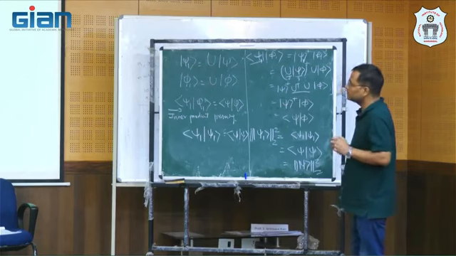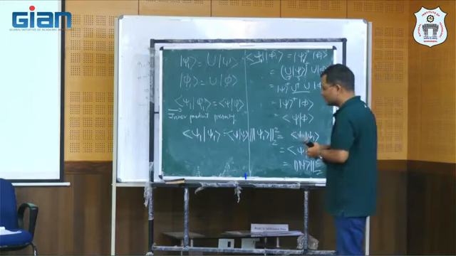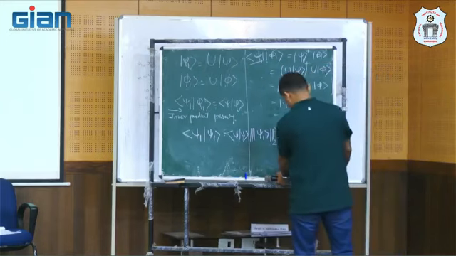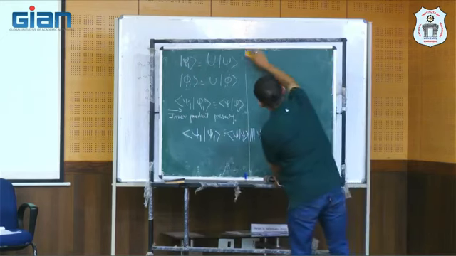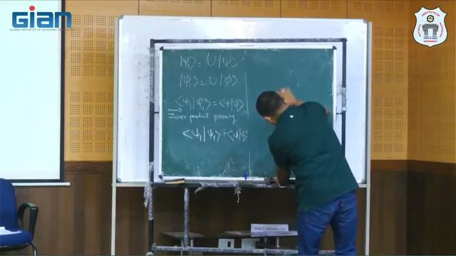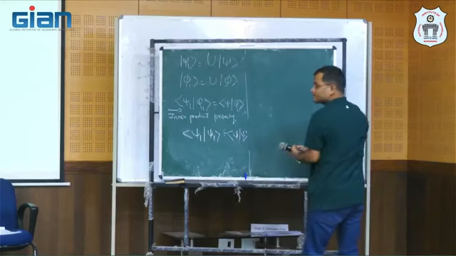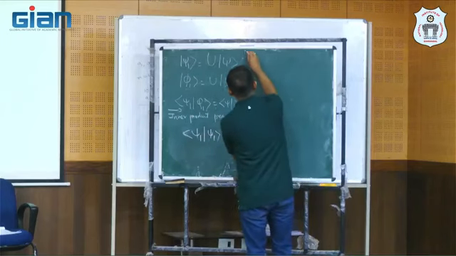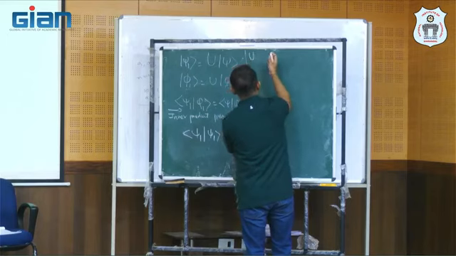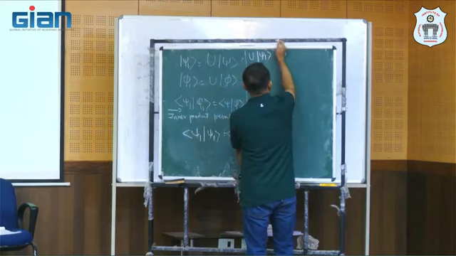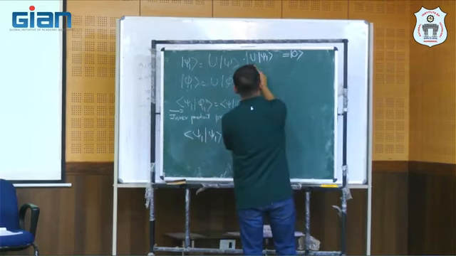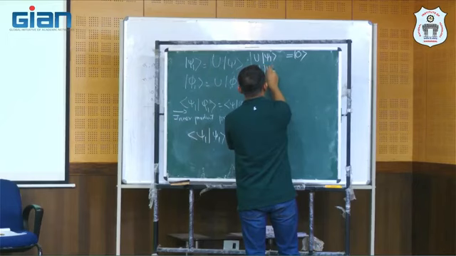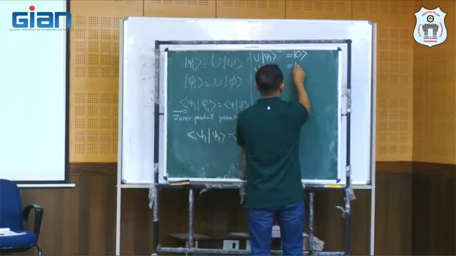Very good. Now you erase all this. Maybe erase the right hand side fully. Okay. Now let us say that there is a unitary transformation U which takes psi 1 to 0, and U psi 2 also equal to 0, correct?